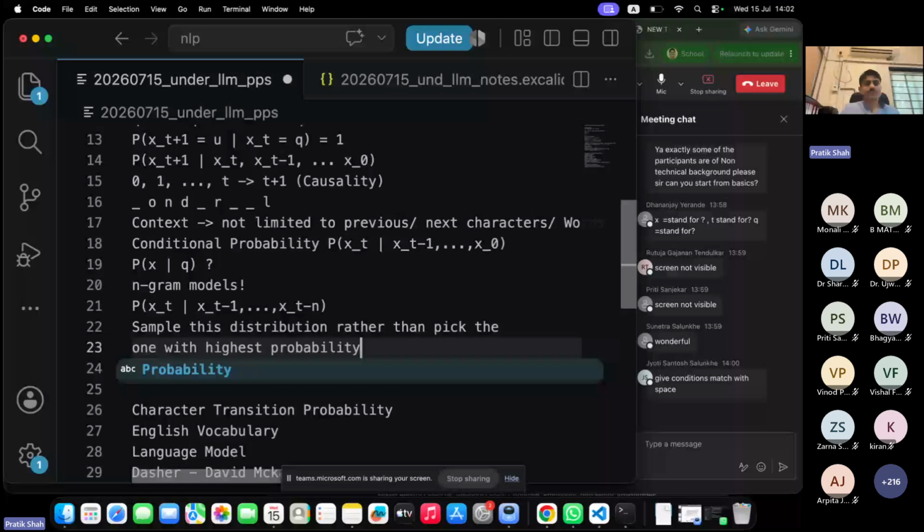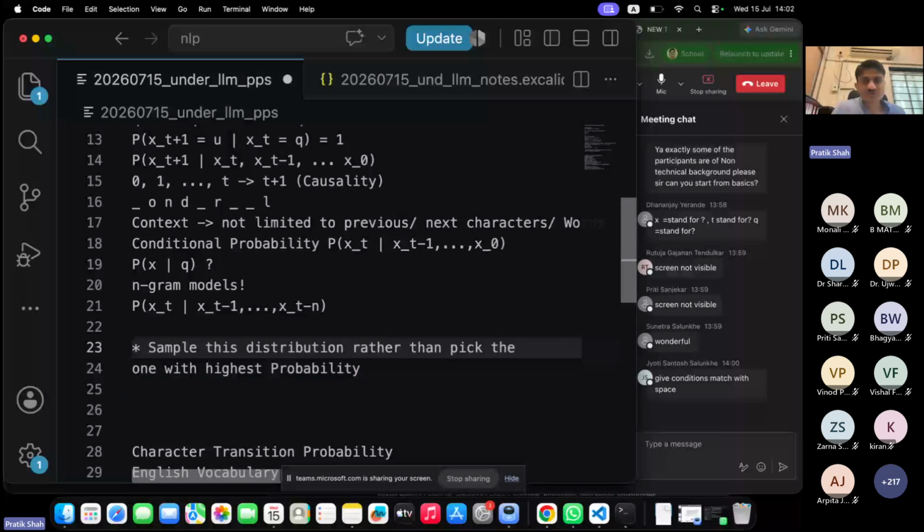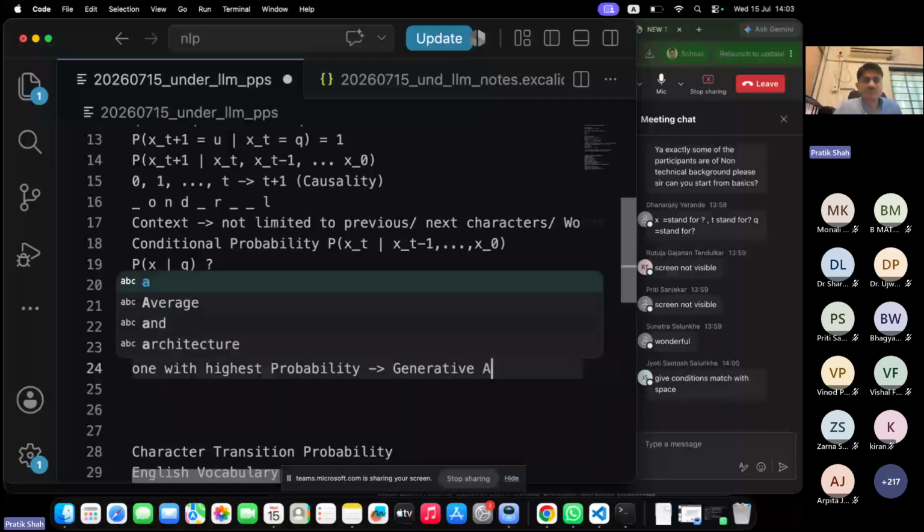The moment I do this, I sample this distribution rather than pick the one with the highest probability. This starts entering into the domain of generative AI. I'm just pointing out the differences between the idea of a language model and the generative task.